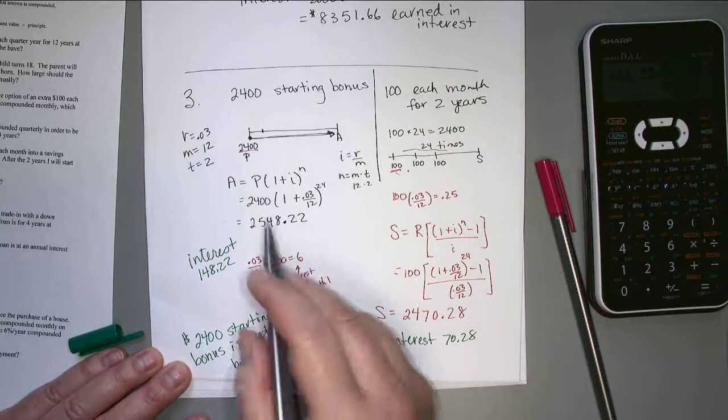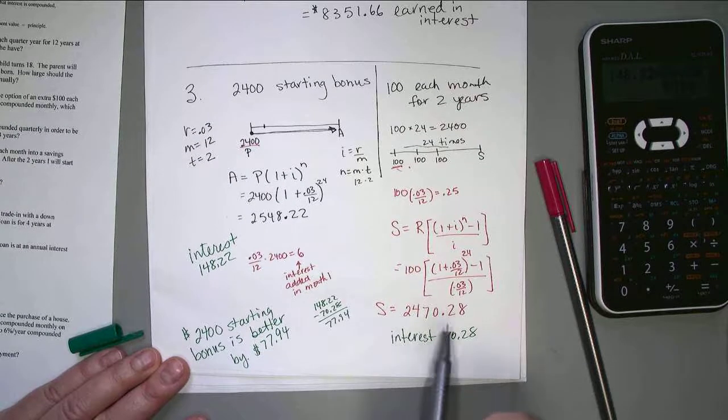So this one is $77.94 larger than the other option.